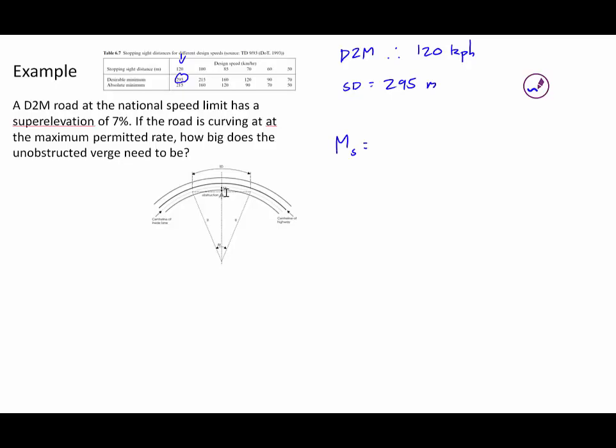MS is going to be equal to the radius of curvature, 1 minus cos 28.65 times the stopping distance divided by R. So we need to determine what that radius is. It's just saying the road is curving at the maximum permitted rate.